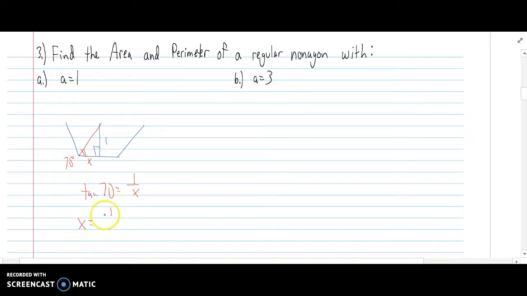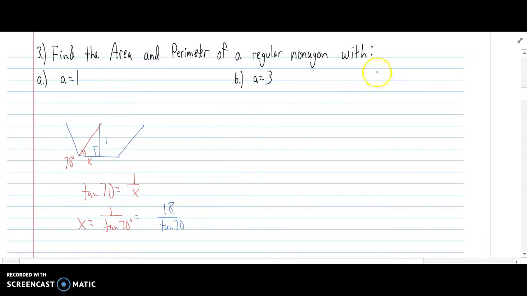So x is 1 over the tangent of 70. That's half of one side. So if we multiply that by 2, we get 1 complete side. Multiply that by 9 to get the length of all 9 sides, and we would get 18 over the tangent of 70 for the perimeter in this one.